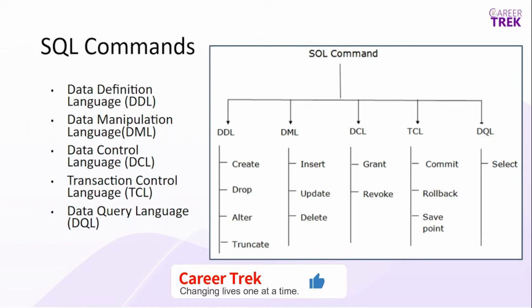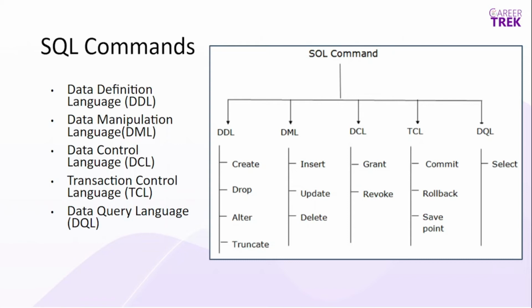The first type of commands is Data Definition Language. From the name itself, we get to know that it is used to define the data, or the structure of the data, in a database. Using DDL, we can create a table, or we can delete, truncate or alter the table.